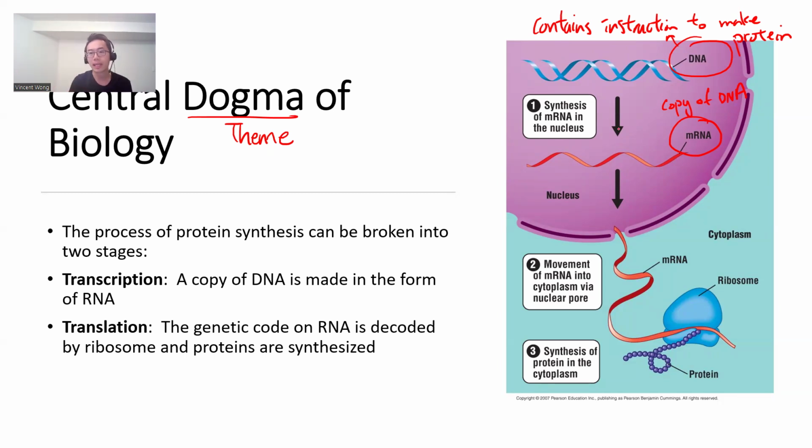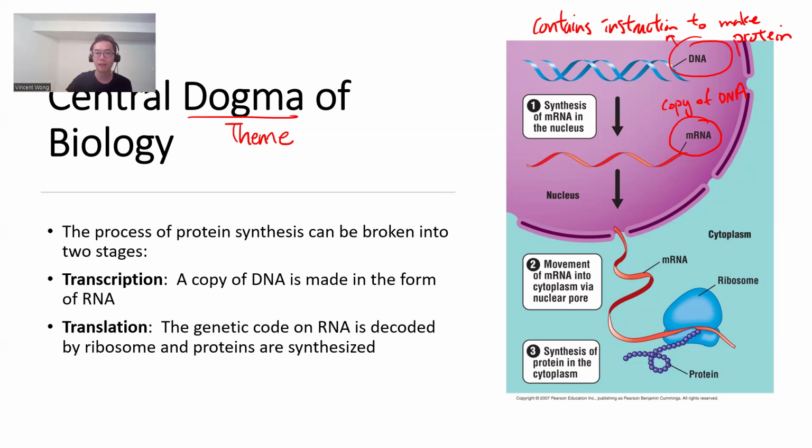So we can take this mRNA and bring it out to the cytoplasm. In the cytoplasm, the ribosome now comes and reads the instruction on the messenger RNA. The instruction tells the ribosome which amino acids to connect together, and then the ribosome does it.